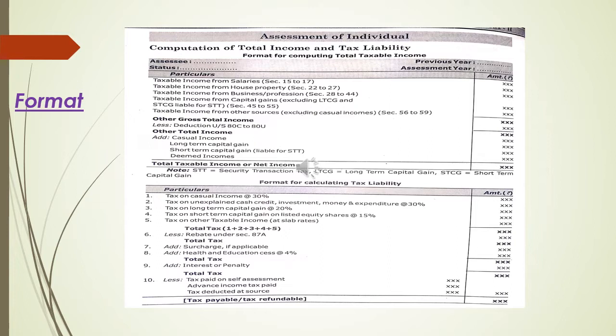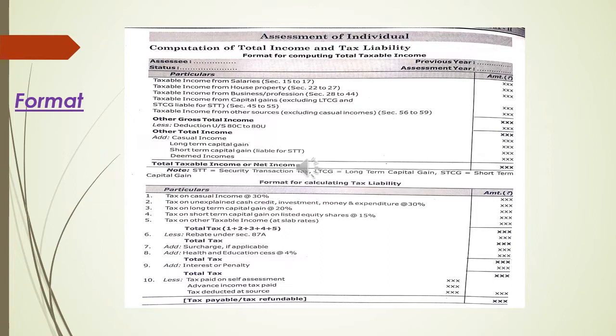And then let's look at the format for calculating tax liability. As I explained earlier, these 3 items, casual income, LTCG, STCG with STT, will attract a flat rate. Casual income is taxable at 30%, LTCG is taxable at 20% and STCG with STT is taxable at 15%.